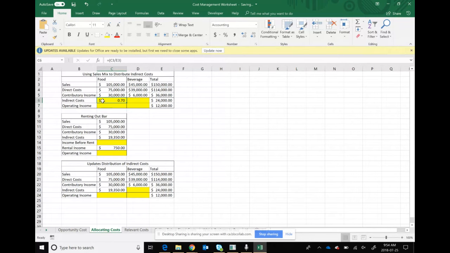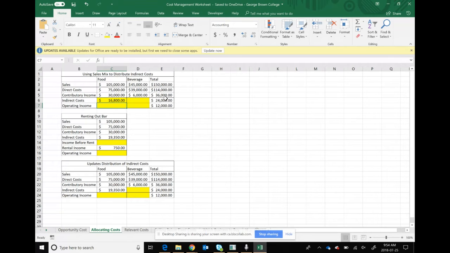So we would take our sales mix multiplied by 24,000. So 70%, which is our sales mix for our dining room, we take 70% of our indirect costs and allocate it to our dining room, which in this case is $16,800.